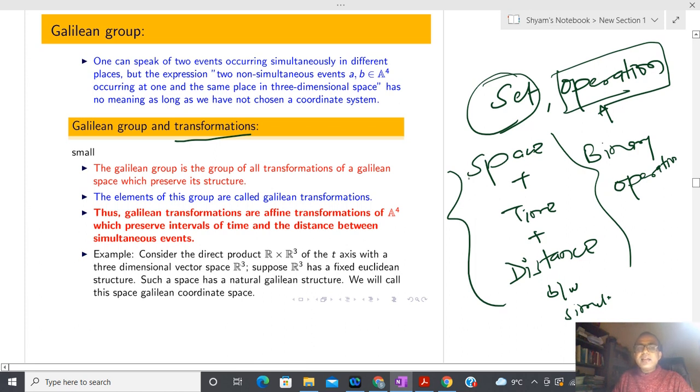So basically, if you restrict space as R3, time as R, and distance as Euclidean distance, it is possible to show that it is some kind of Galilean coordinate space. That way I have defined the Galilean coordinate space.